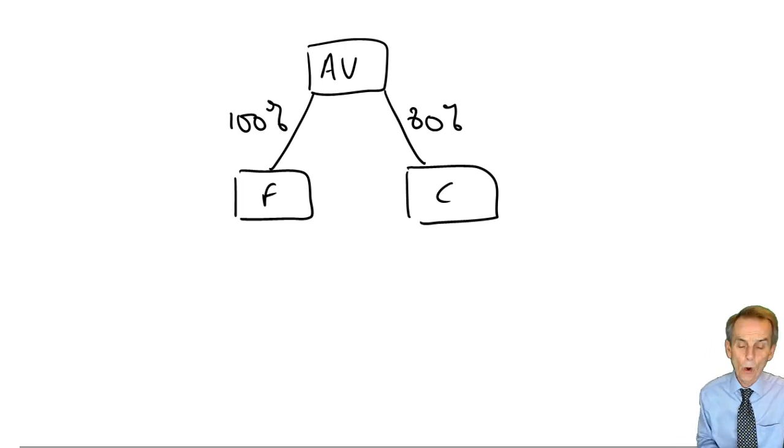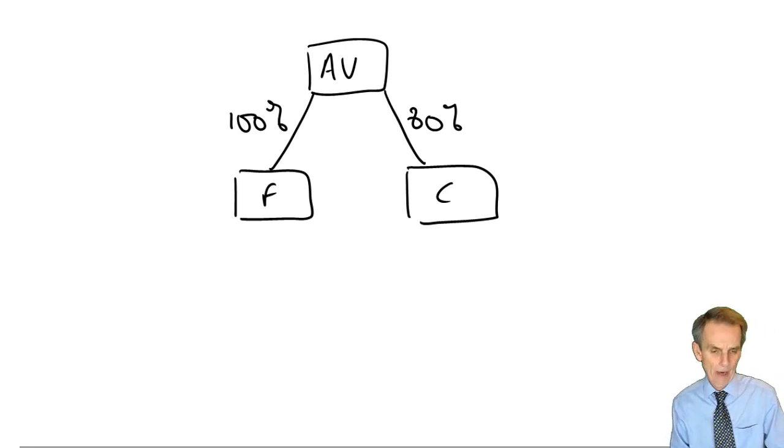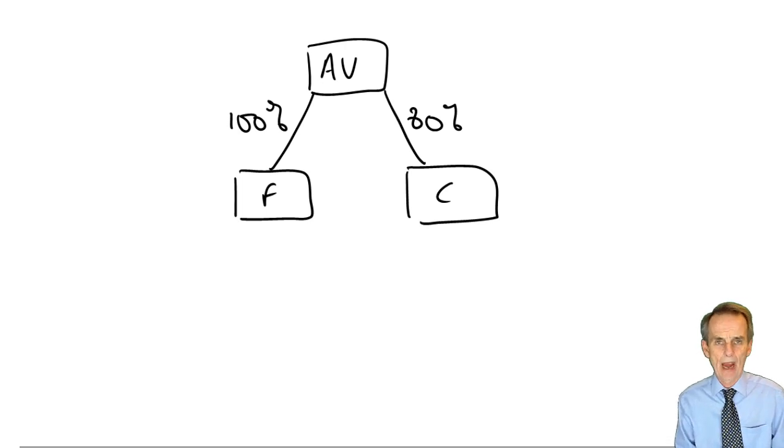Now then, what we have there is AV, the parent company, and two direct subsidiaries. And in both cases, the percentage shareholdings that AV has in its direct subsidiaries is at least 75%. So basically everything that we look at here in terms of groups is relevant for each of those three companies. We have a 75% group.